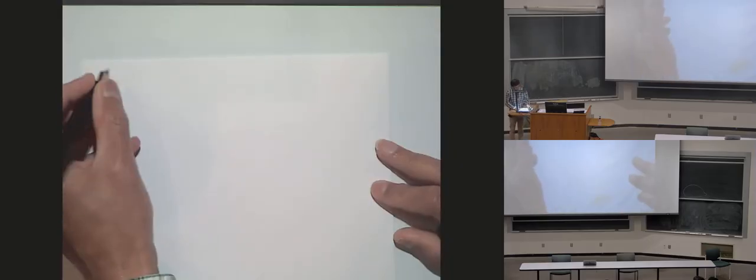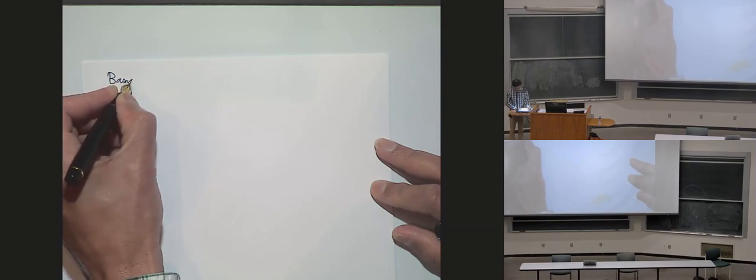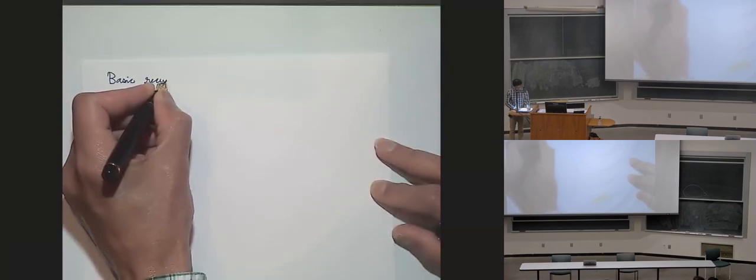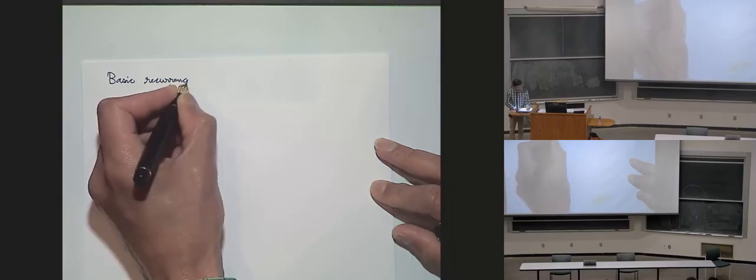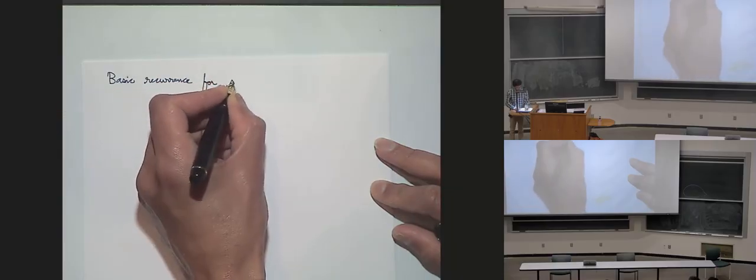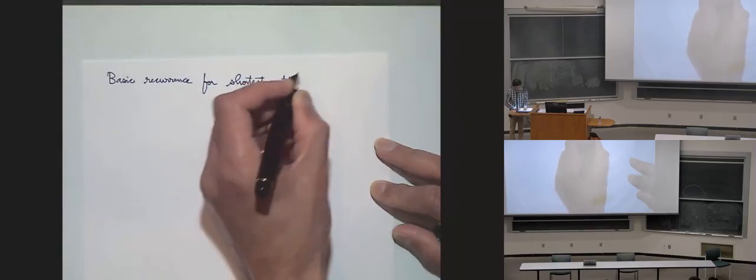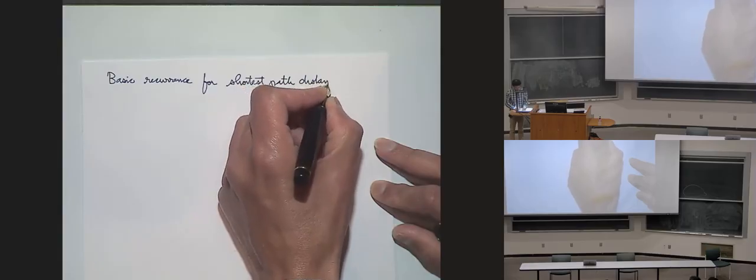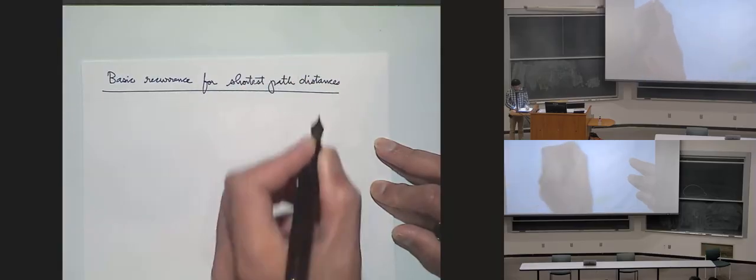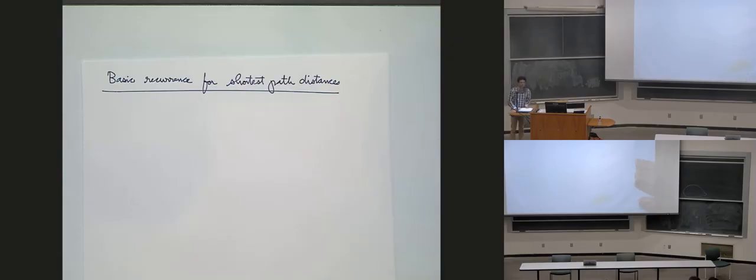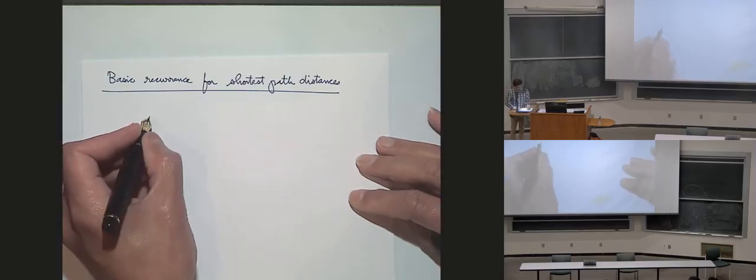with a basic recurrence for shortest path distances. So this is where we have to think of some table or some recursive procedure. I'm going to write it using a subscript because it's going to be a little more convenient.